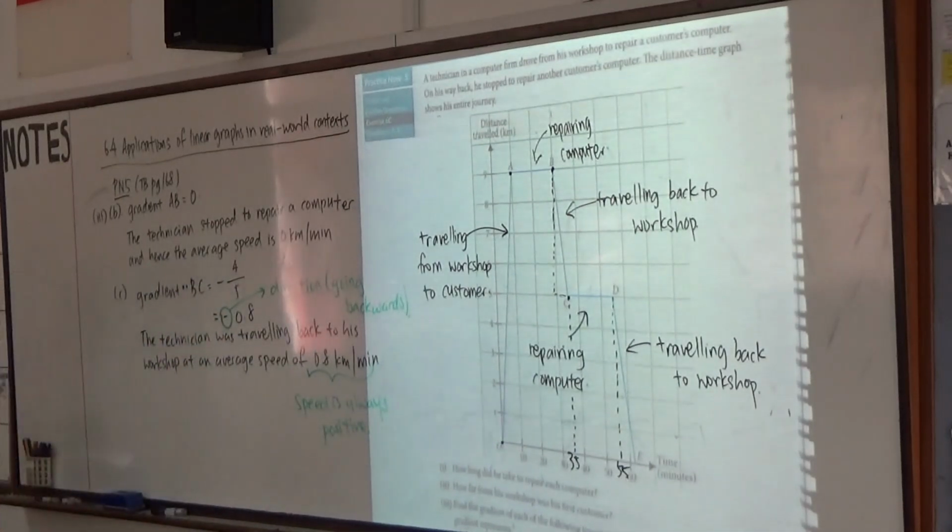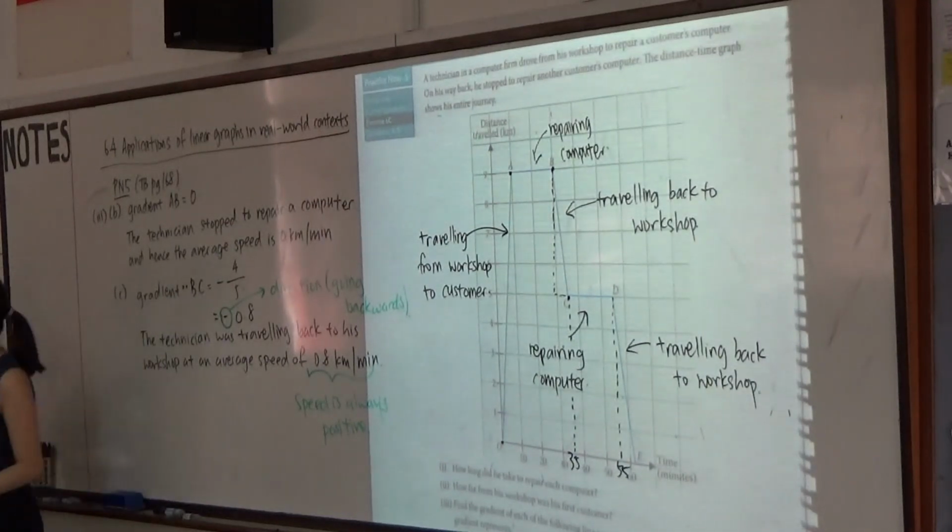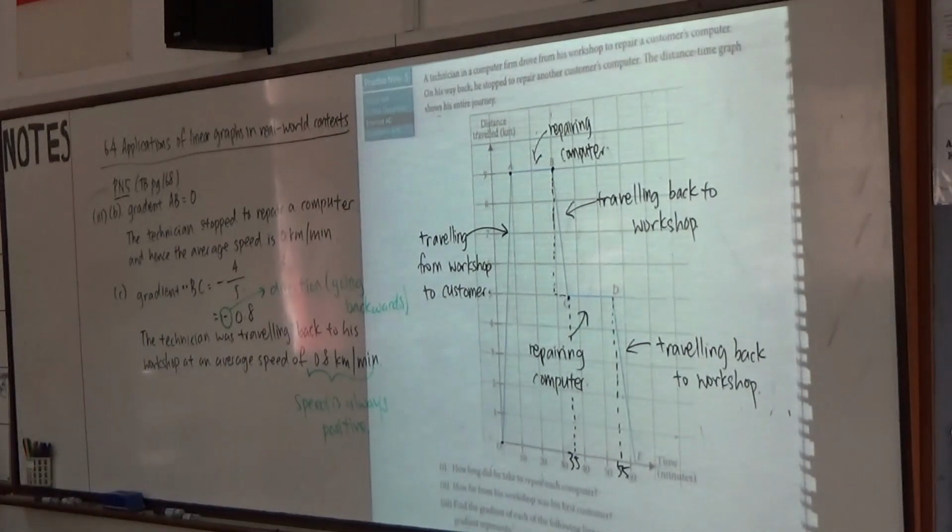But as you learn more science, I'm not sure whether you have touched the physics component, you will realize that there's a different thing called velocity, whereby velocity takes in direction. Not sure whether you covered that yet in science. So that's for part C.